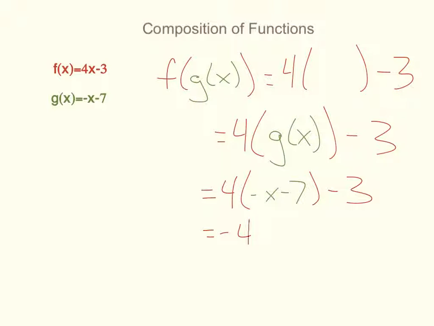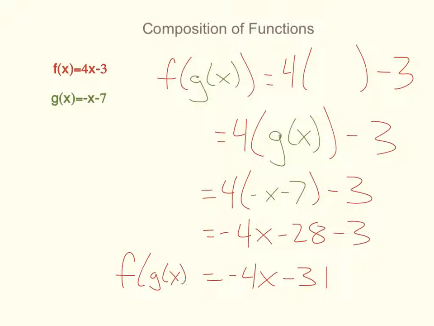So that's going to give us -4x minus 28, minus 3 because the minus 3 is part of this f function, so we got to include it. And now we're just going to simplify it. So it's going to be negative 4x minus 31, and that's what f of g of x is.